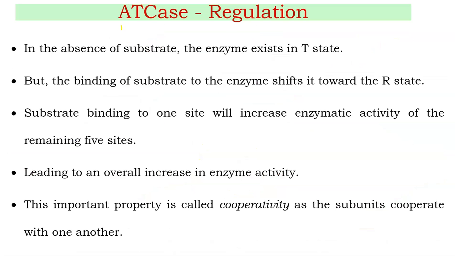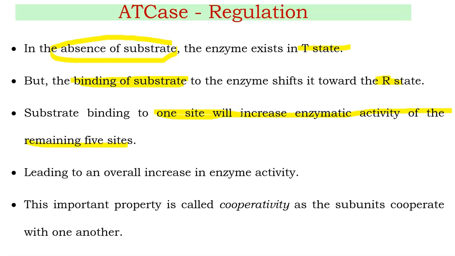And let's see how the aspartate transcarbamylase enzyme is regulated. In the absence of substrate, the enzyme exists in the T state. When the substrates are available and binding to the enzyme, it shifts to the relaxed state and performs the reaction. Substrate binding to one site will increase the enzyme activity of the remaining sites.